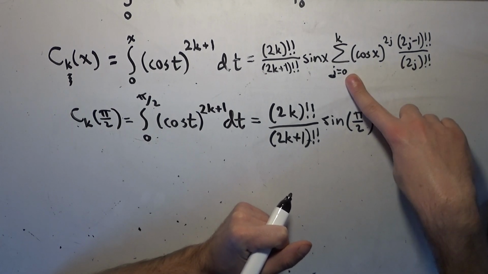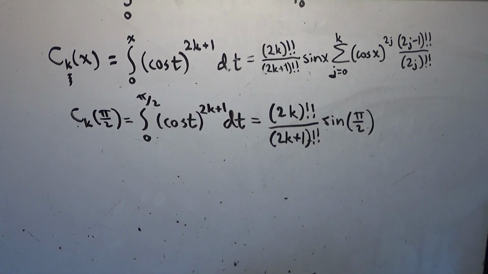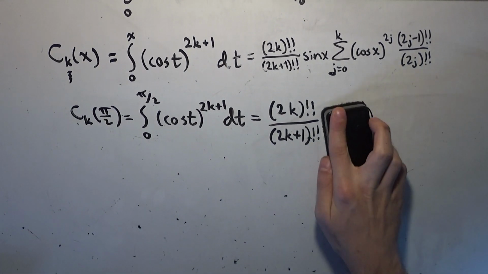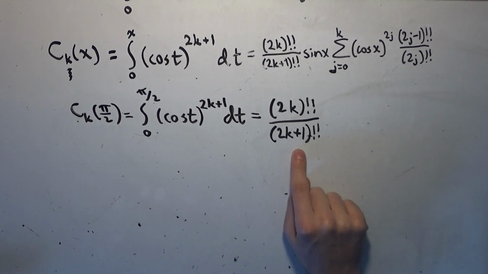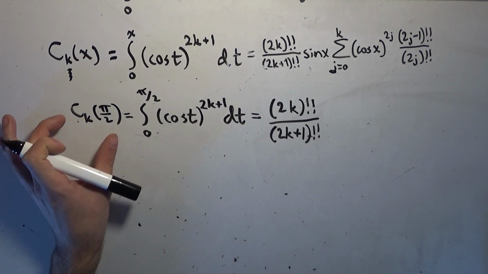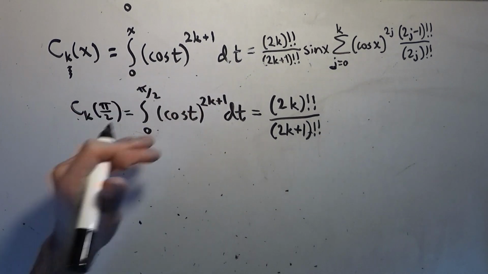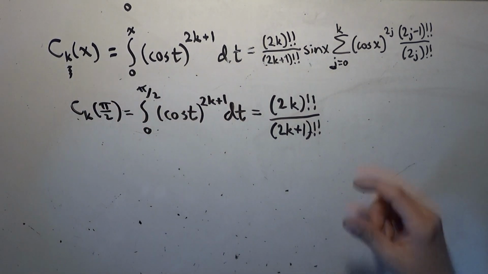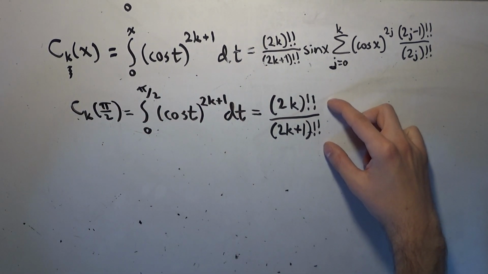But at the j equals 0 term, it's 1. So this is the final result, but the sine of pi over 2 is also 1, and so this is the size of this function right in the middle. So c_k of pi over 2, the maximum of any of these integrals of powers, has got to be 2k double factorial over 2k plus 1 double factorial.